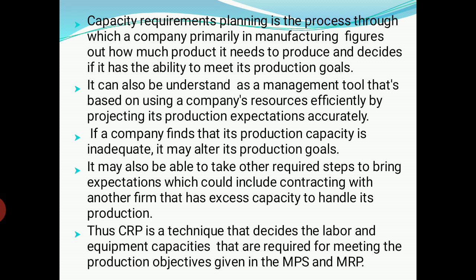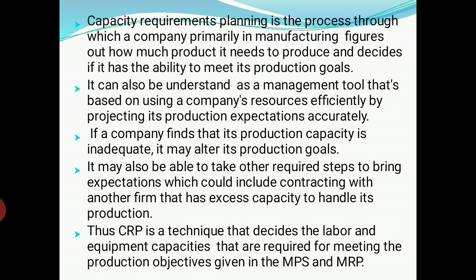Thus CRP is a technique that decides the labor and equipment capacity required for meeting the production objectives given in MPS and MRP, that is, master production schedule and material requirement planning.